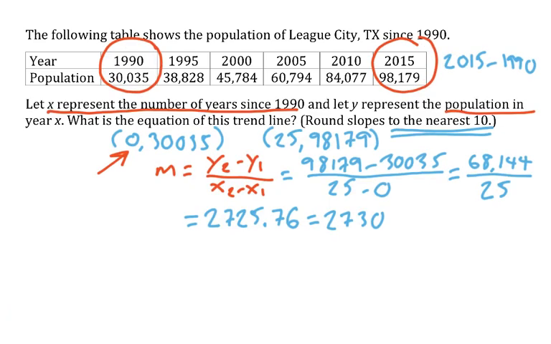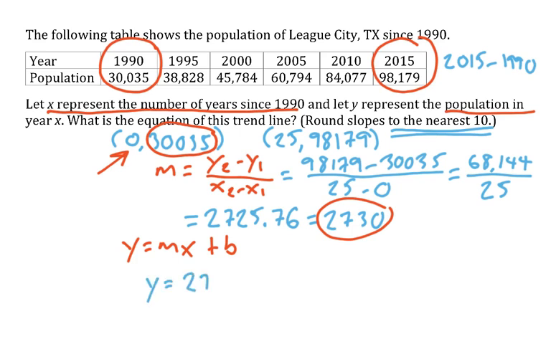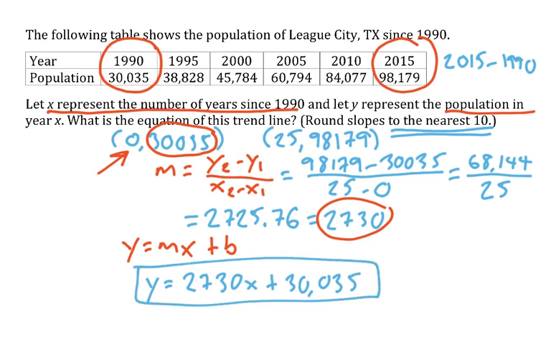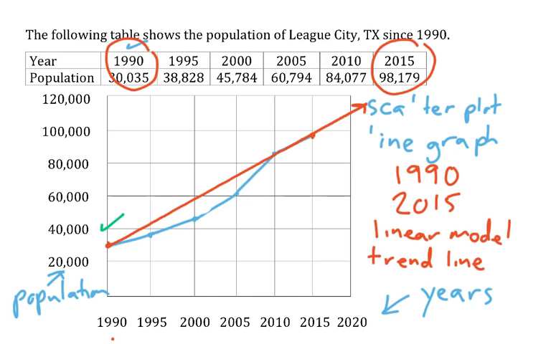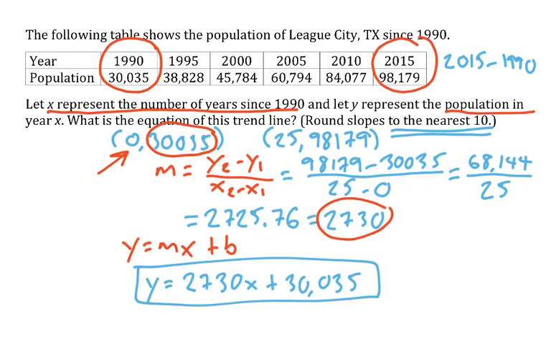Because it's the y-intercept, in writing the equation, I could use the slope y-intercept formula, y equal mx plus b, where the m would be the slope that I just figured out, and the b would be the y-coordinate of the y-intercept. So that equation would be y equals 2,730x plus 30,035.